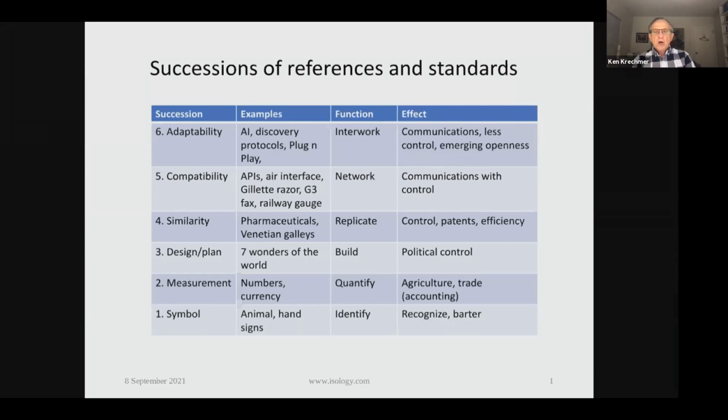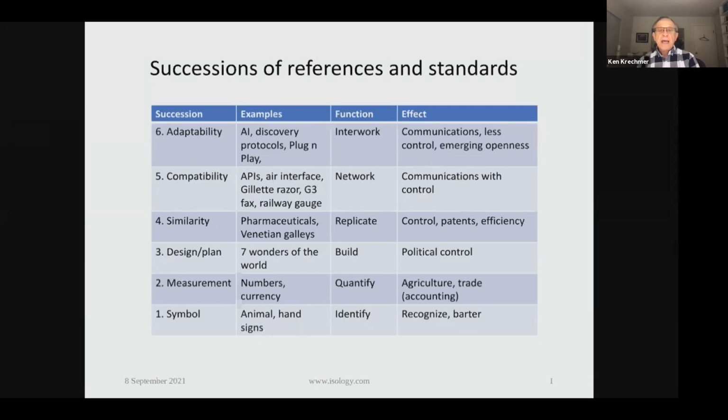Now, it's important to note that today, similarity is extremely important to pharmaceutical companies. They invest hundreds of millions of dollars in the design and testing of drugs for human use. And because of that, they are very committed to the need for patents to control their similarity, the similarity of the chemical structure or the similarity of the process.